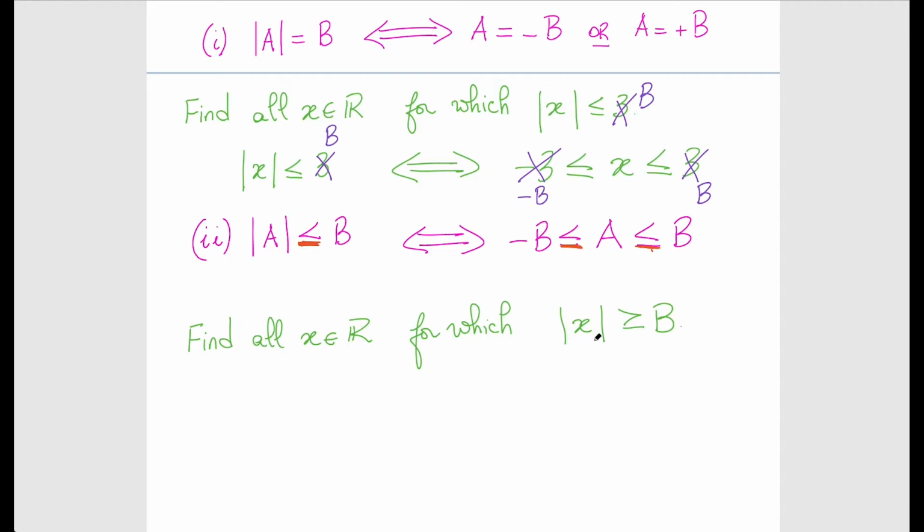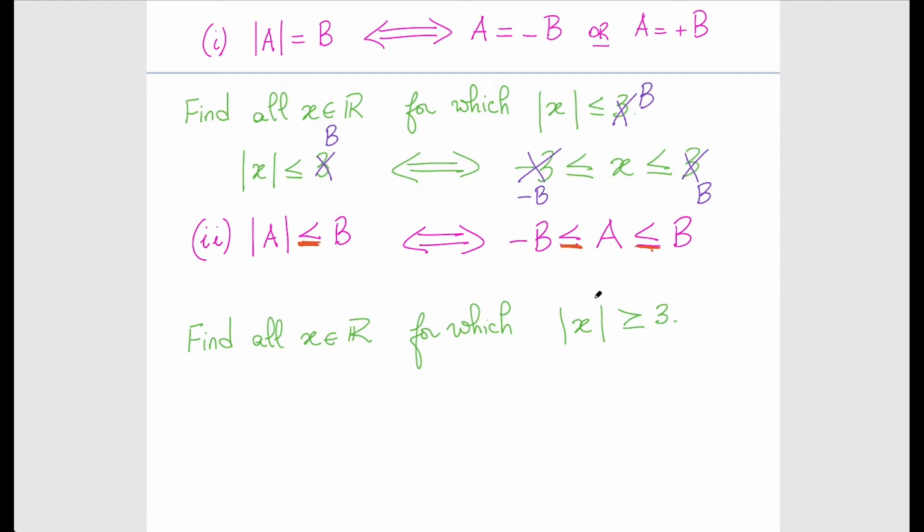So I want the absolute value function now to dominate. Let's keep the 3 just to keep it concrete first, and then we go for the abstract context. So again, I want all the real numbers for which their absolute value is bigger than or equal to 3.